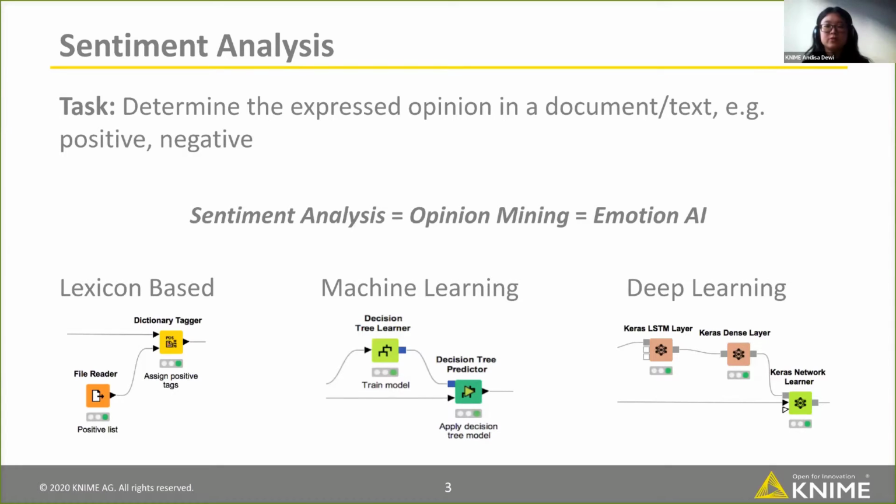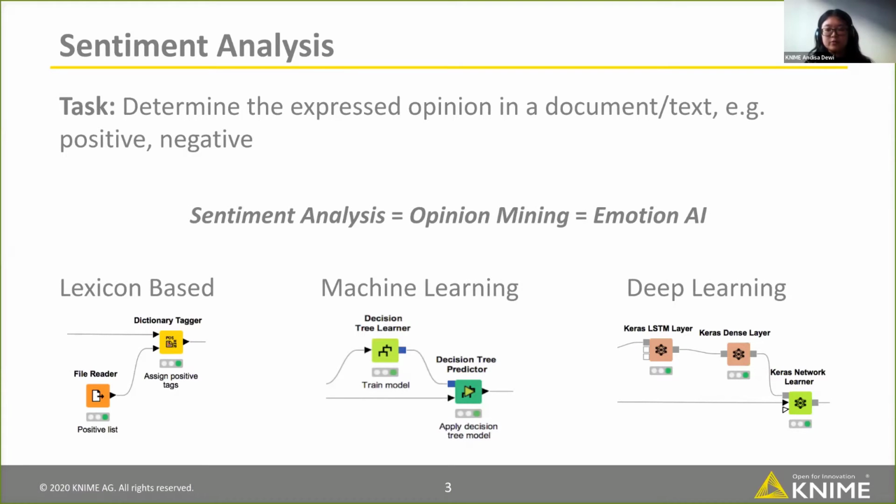It is sometimes also referred to as opinion mining or emotion AI. For emotion AI, the classes could be different. For example, that could be things like happy or unhappy, but in the end, it is really similar.